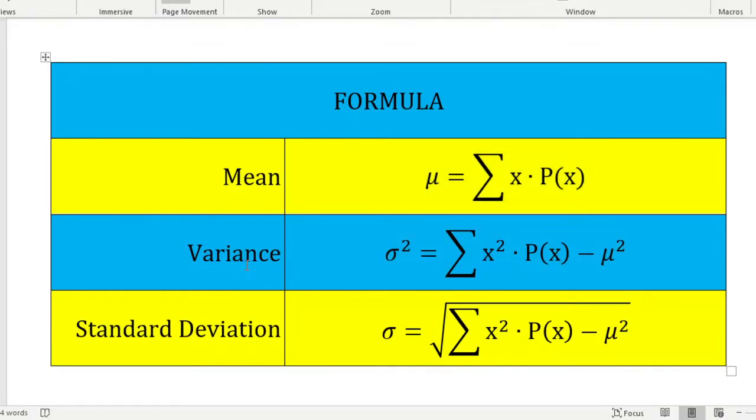For the variance, we have sigma squared is equal to the summation of the products of the square of the possible value and its corresponding probability, minus the square of the mean. While to solve for the standard deviation, we simply have to determine the square root of the variance.